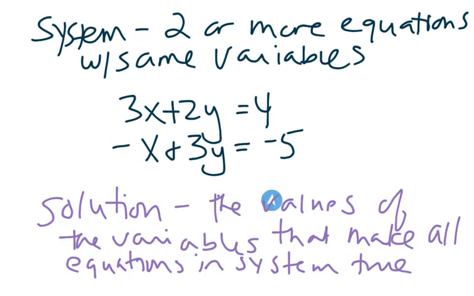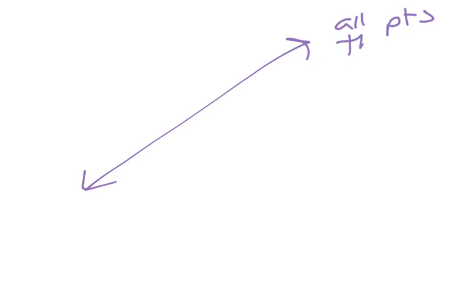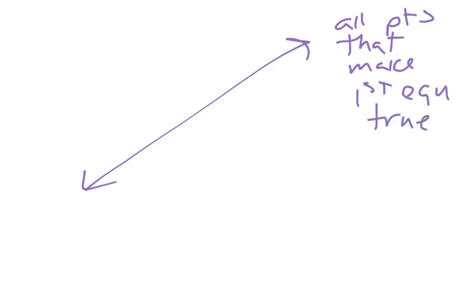Now, when we're looking for the solution to a system, we're looking for the variables that make all of the equations true. So it's not enough to just graph one equation and find that relationship or that picture. You need to graph both equations. So here's the idea. If I graph the first equation, that's all the points that make the first equation true, because that's what a graph is.